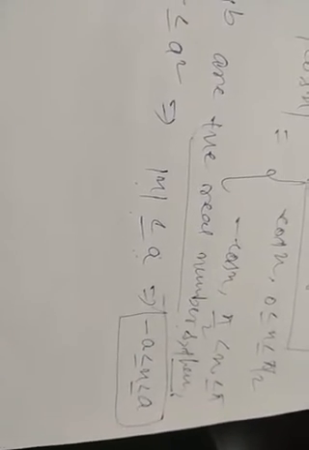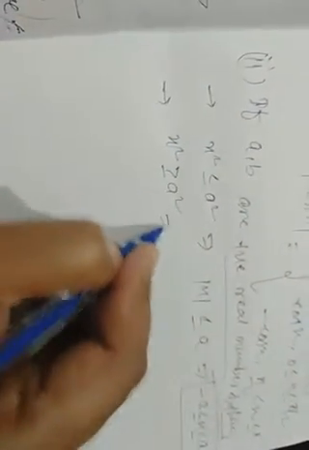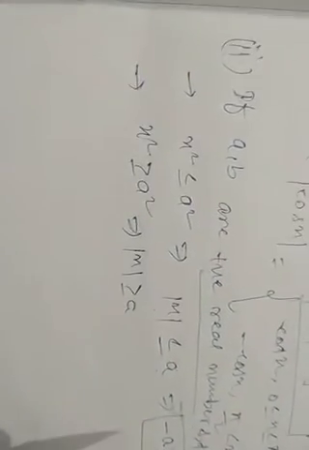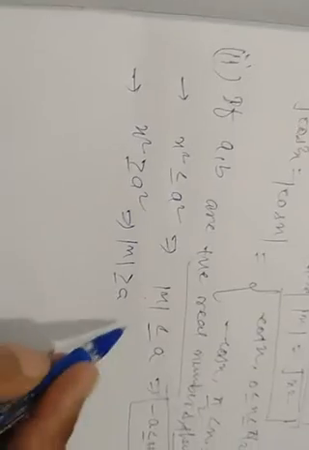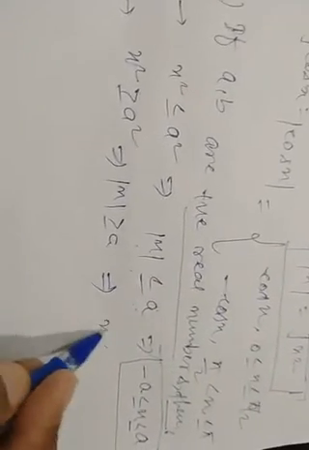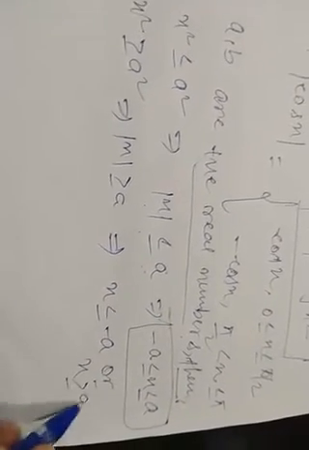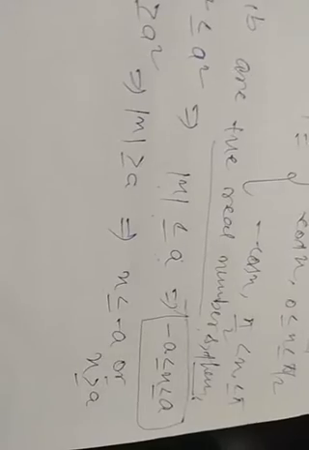This is the concept of that. Similarly, if x square is greater than or equal to a square, then we can also write mod of x is greater than or equal to a. This means that x is less than or equal to minus a, or x is greater than or equal to plus a.